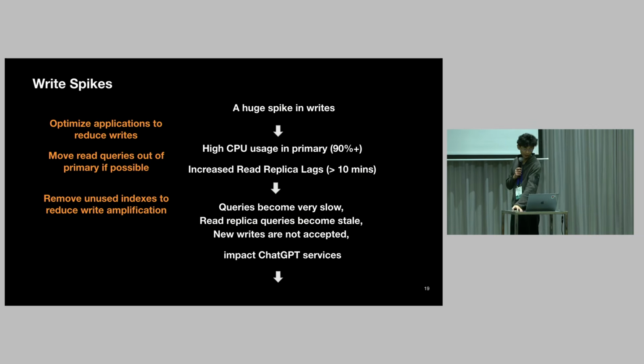So another issue we found is that there was a huge spike in writes. We know that will be an issue: if there are lots of writes, we know that the current unsharded Postgres architecture will have some issues.